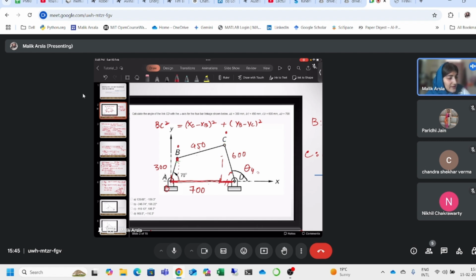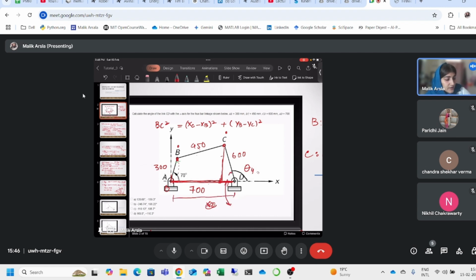So for calculating xc, this whole thing is 700 and this portion will be xc. So from 700 you will have to subtract this portion. Now what is this portion?